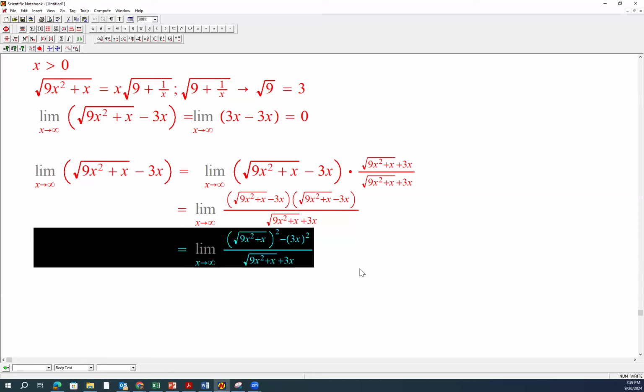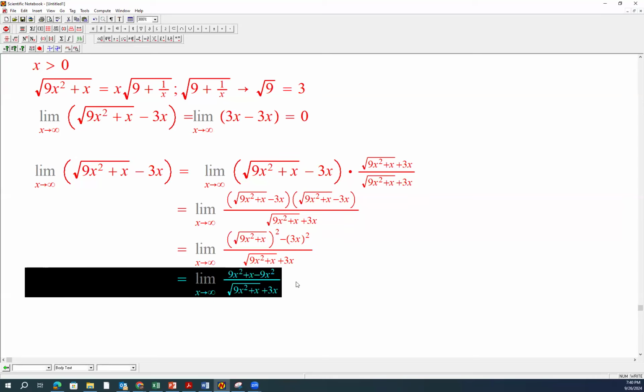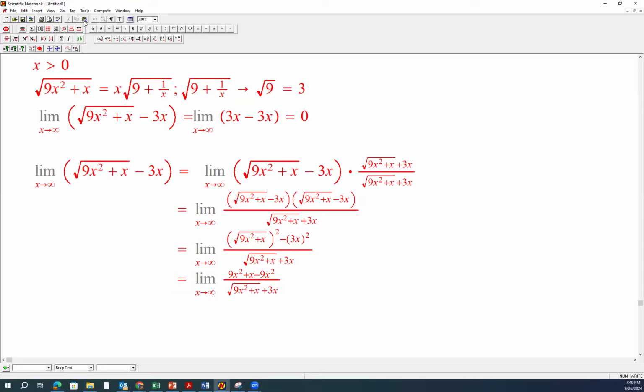And the next step, we will get 9x squared minus 3x squared is 9x squared. So this has become 9x squared, and negative 9x squared makes 0.